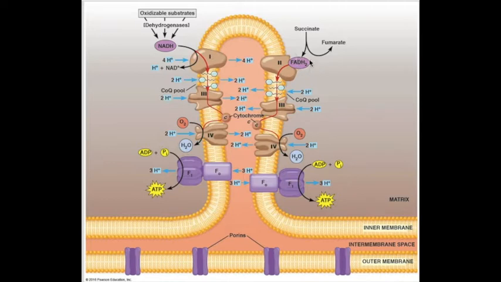Here, FADH2, which also comes from the citric acid cycle. This was one of the weird ones, but we can consider it kind of like NADH's sister, right? So we have FADH2 here. Same thing is happening.